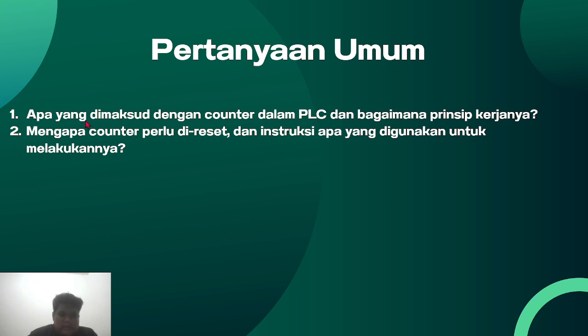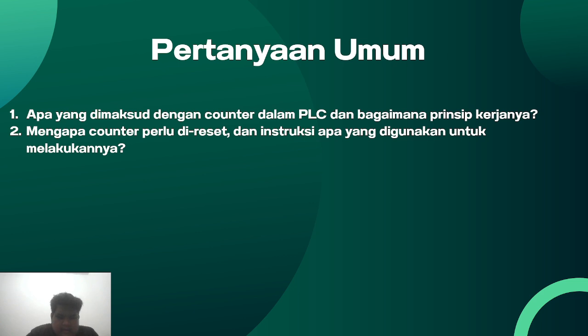Okay, a counter in a PLC is an internal instruction used to count the number of occurrences of a specific input signal, such as a pulse or activation from sensors or switches. It works by increasing or decreasing its count value each time the input condition is met.